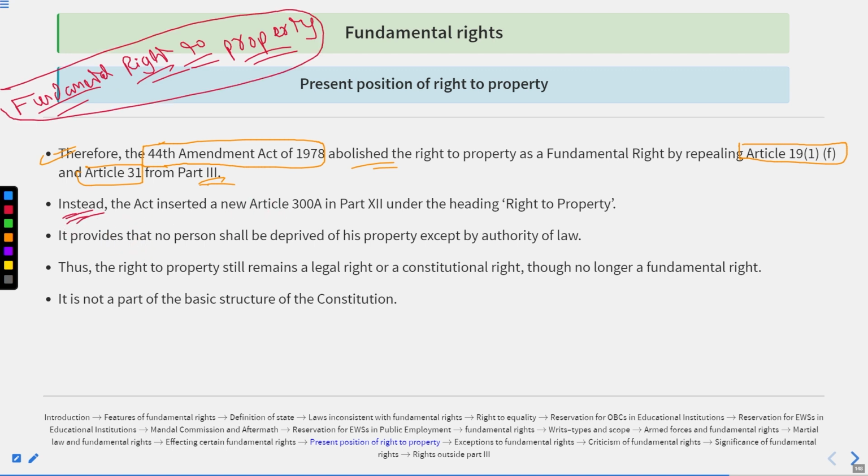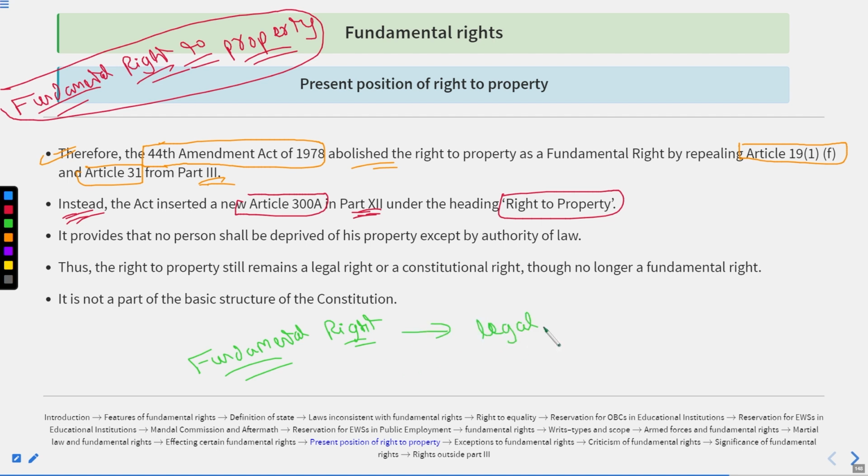Instead, the Act inserted the new Article 300A in Part 12 under the heading of right to property. It means that basically it was transferred from being a fundamental right to a legal right.